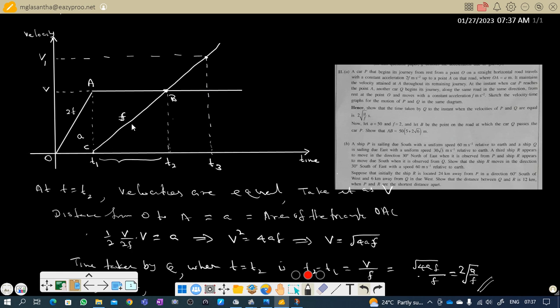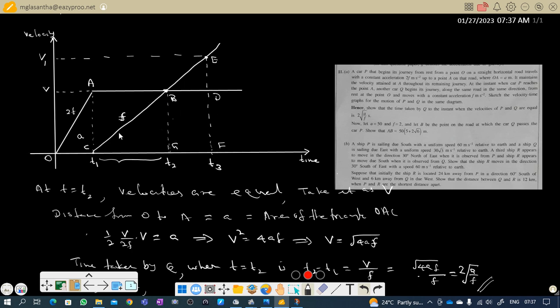When you equate the distances, you can remove the common part. You can mark this as D, E, F, G. Now C, B, D, F, G is the common part.